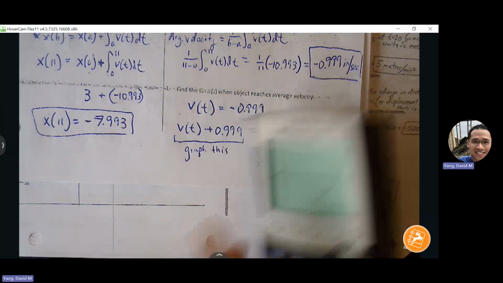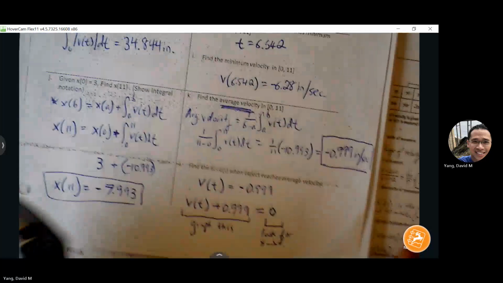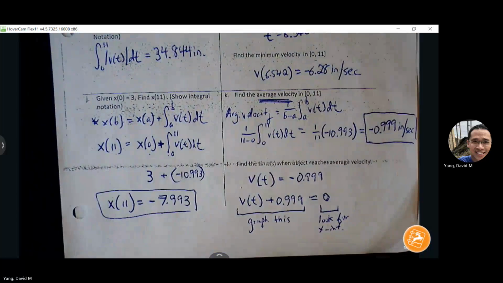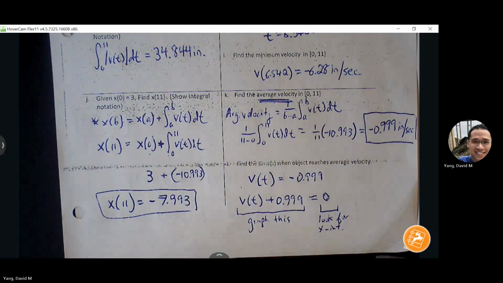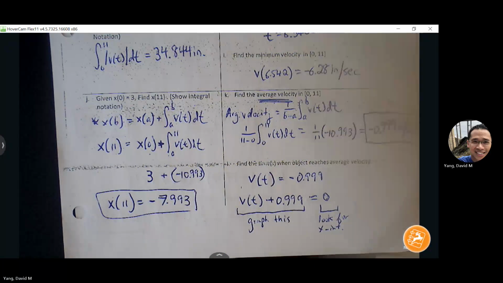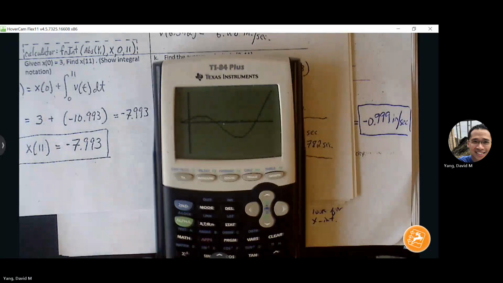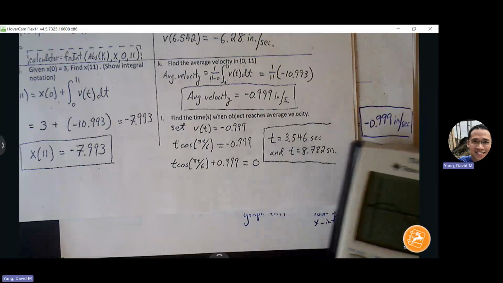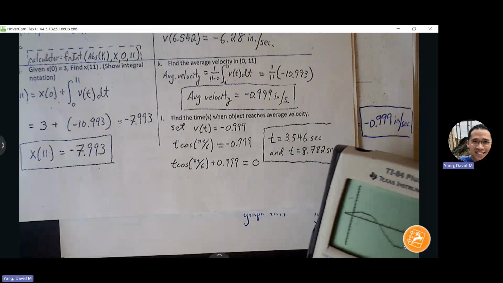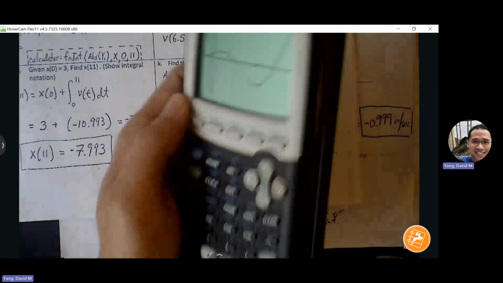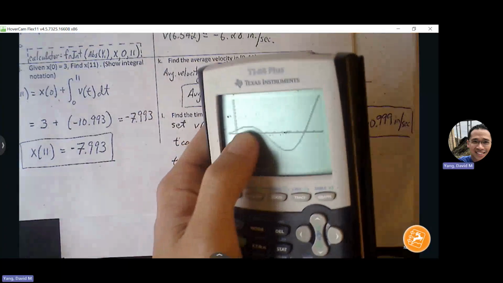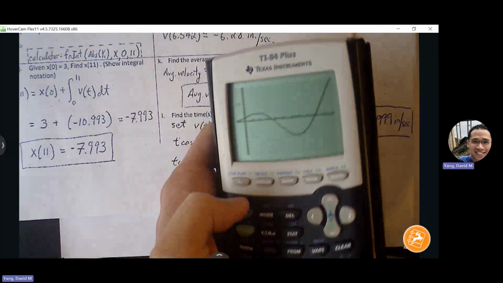Which ends up being 0.5 and 8.7. You gotta do it twice. The calculator can't find all the x-intercepts for you all at once.